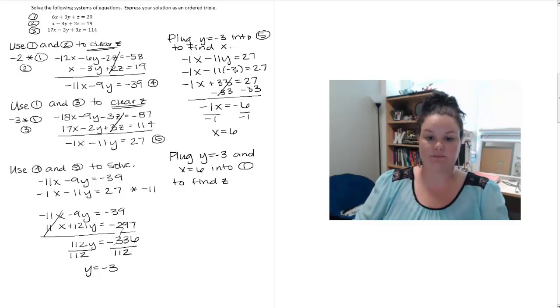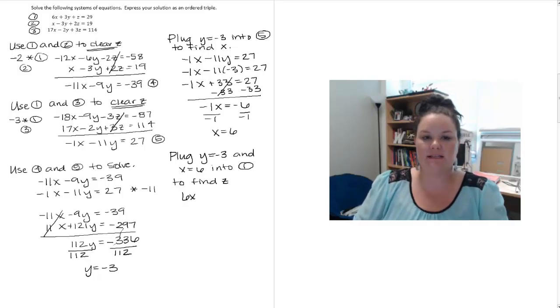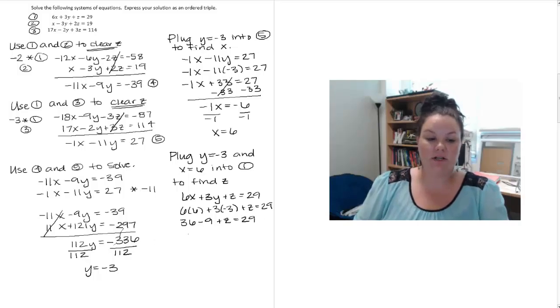to find z. So equation number 1 is 6x plus 3y plus z is equal to 29. And then I'm going to plug in the values I know. So I have 6 times x, which we know is 6, plus 3 times y, which we know is -3, plus z equals 29. 6 times 6 is 36. 3 times -3 is -9, plus z equals 29. 36 minus 9 leaves me with 27, plus z equals 29.